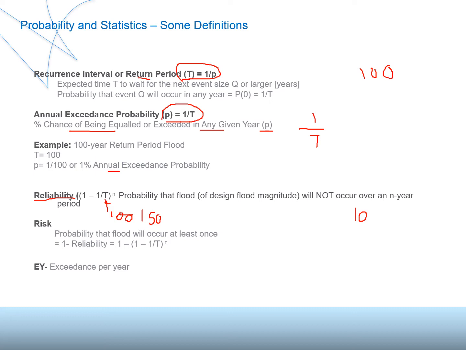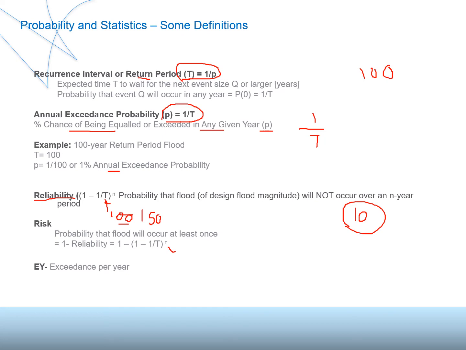And the risk, that means the opposite of reliability, is the risk. That means the probability that flood will occur at least once in the lifetime of the structure. Okay, the lifetime of the structure, n, can be 10 years, 50 years, which can be more than the return period, which can be less than the return period. So it has no direct relationship with the return period.